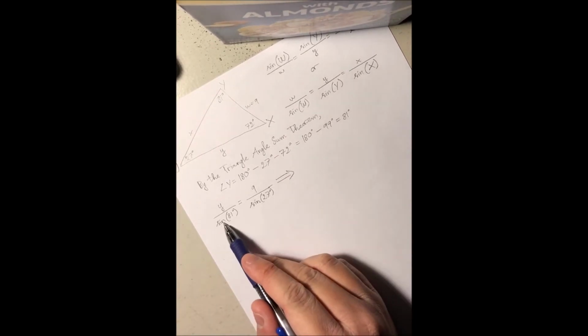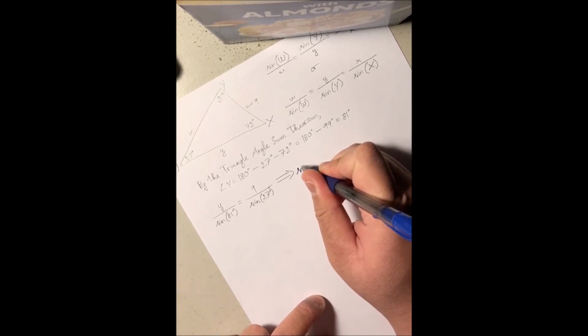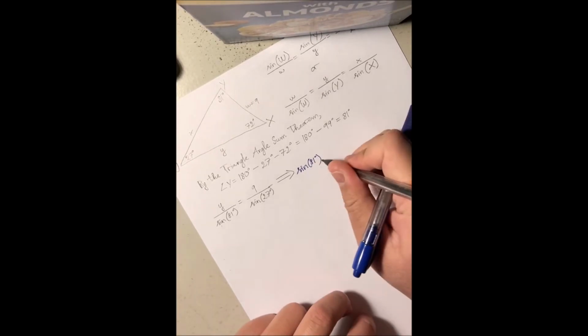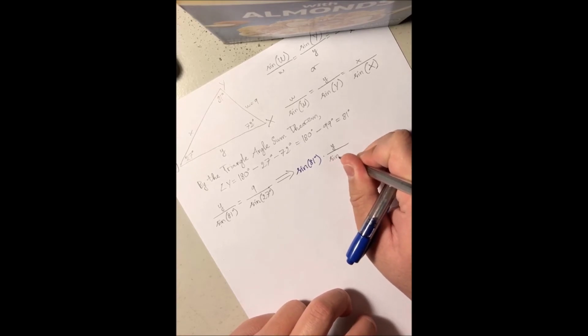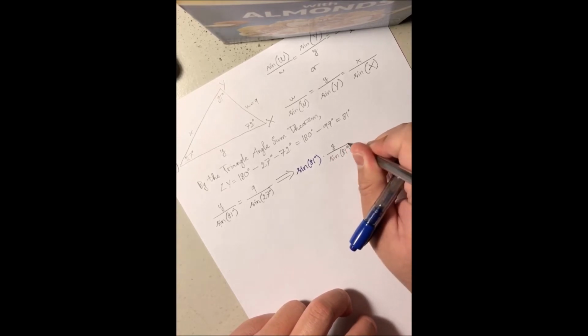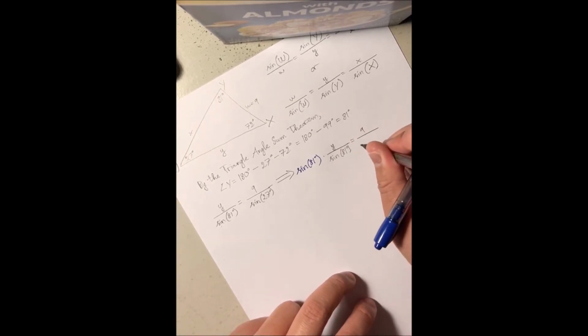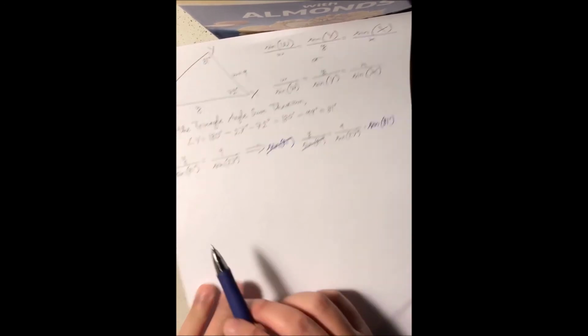To get rid of the denominator so that the lowercase y can be by itself, I'm going to multiply both sides by sine of 81. Lowercase y equals 9 divided by sine of 27, multiplied by sine of 81. Cancel out the common terms.